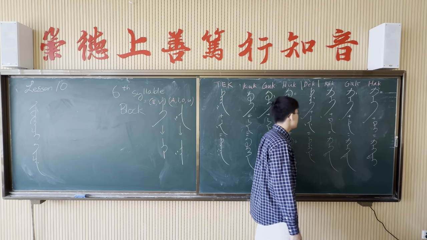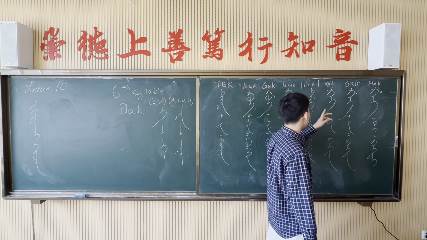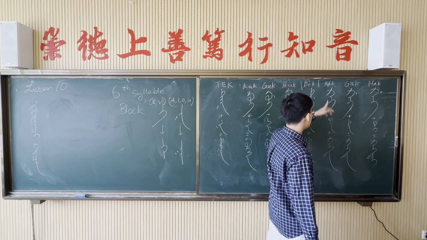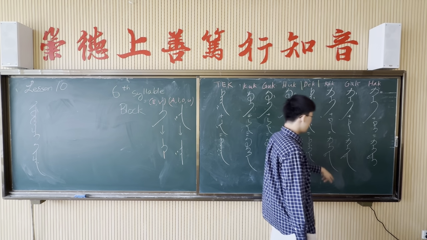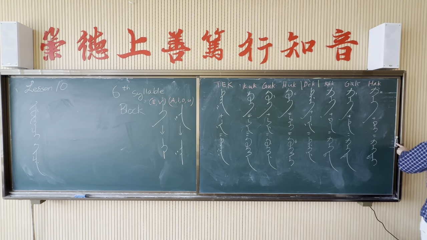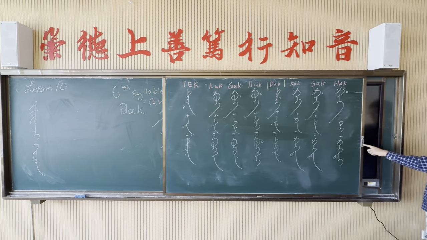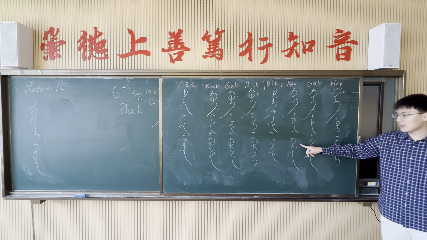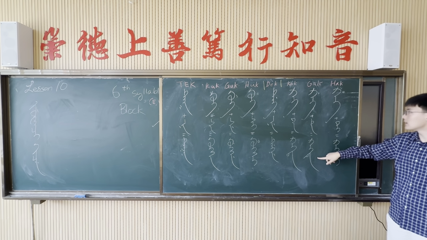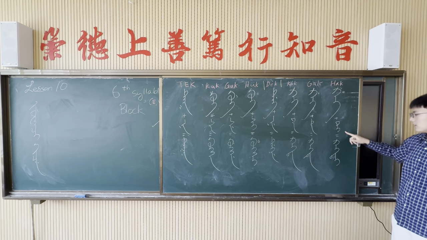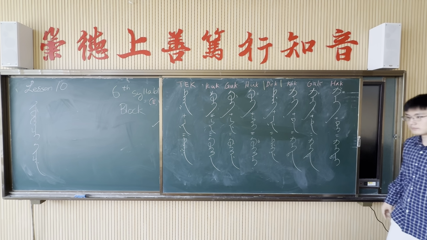For practice reasons, we can connect kak with ha, so it becomes kak ha. I'm not sure if you can see this clearly, so I want to move it here a bit. Okay. Kak ta, gak te, hak ti.